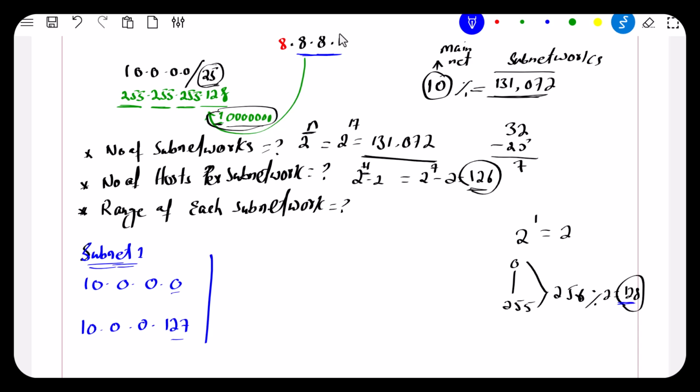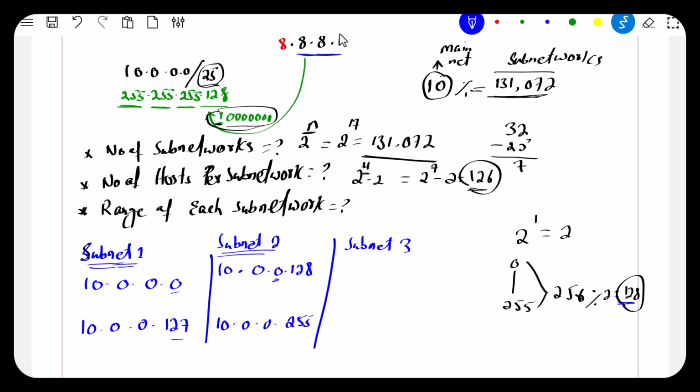Okay. Next subnetwork, subnet 2: 10.0.0.128 to 10.0.0.255, and subnet 3. Now this 255 will become again 0. Okay, and this 0 will become 1.